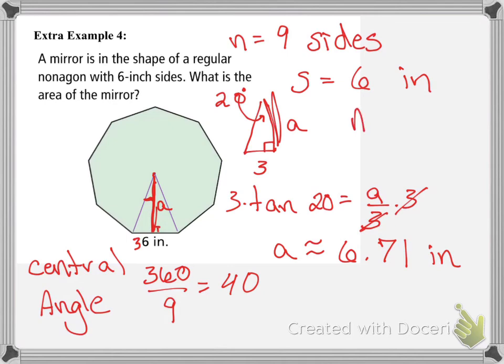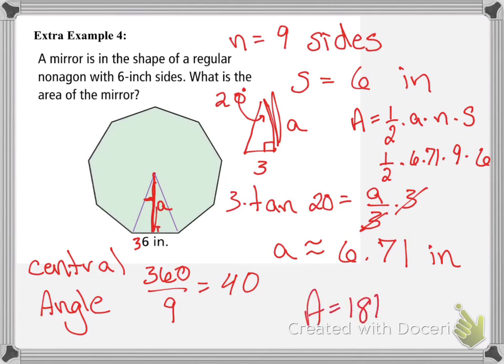To find my area, I go 1/2 times my a, which is 6.71, times n, the number of sides, which is 9, times s, which is 6. Type that all in, 1/2 times 6.71 times 9 times 6, and we get 181.17 square inches.